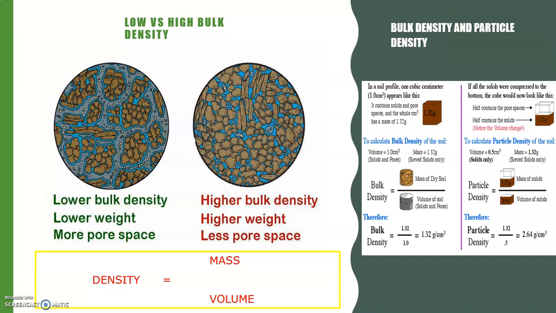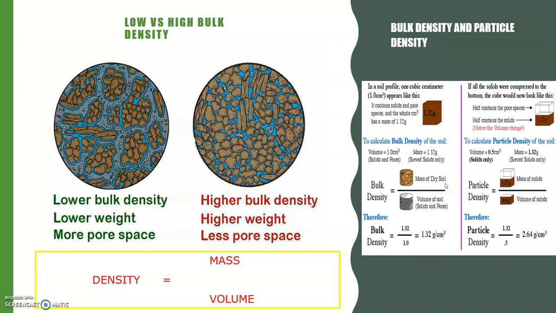Take a cube, 10 cm by 10 cm by 10 cm. Tanah dalam satu cube. You fill up soil about 1 kilo. So 1 kilo divided by 10 times 10 times 10, that's 1000 cubic cm. So we will get the bulk density.